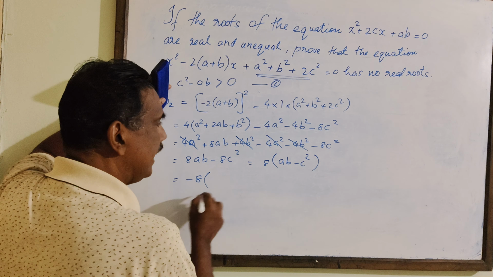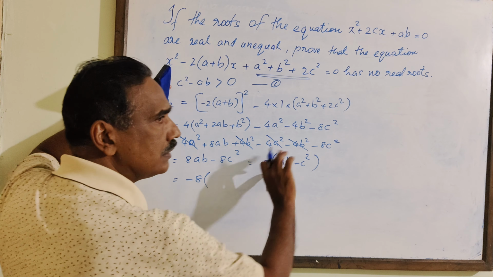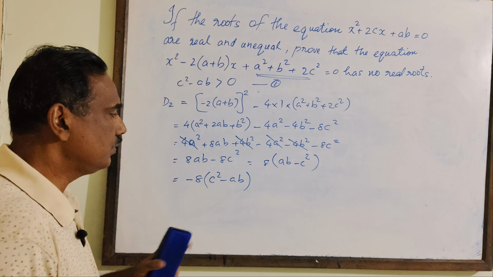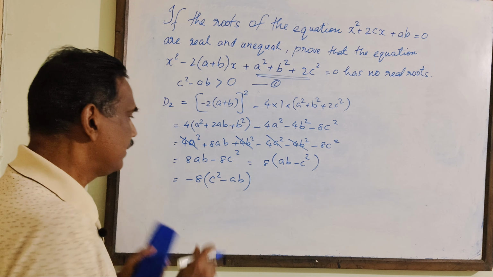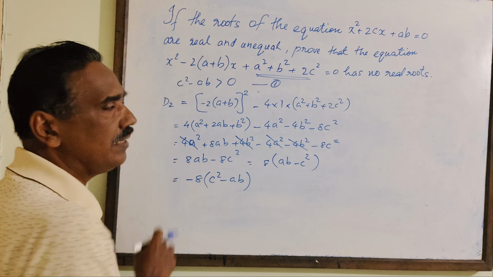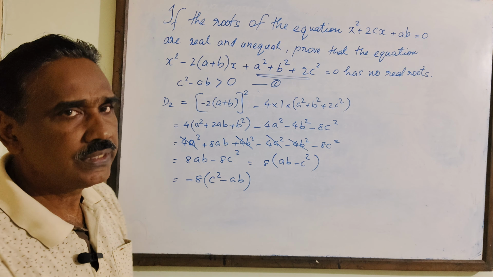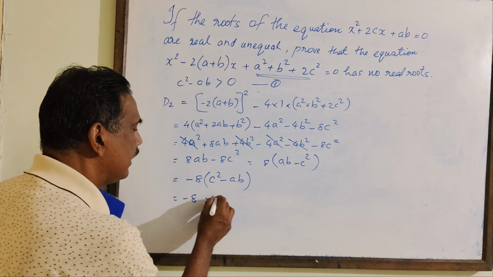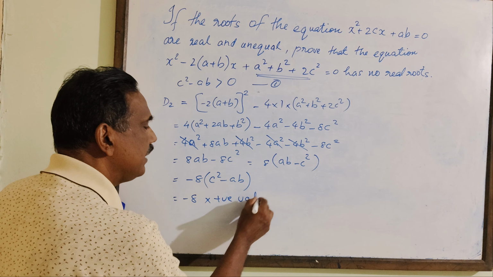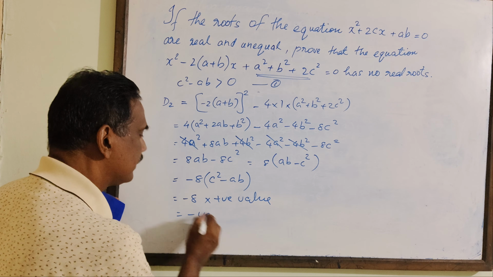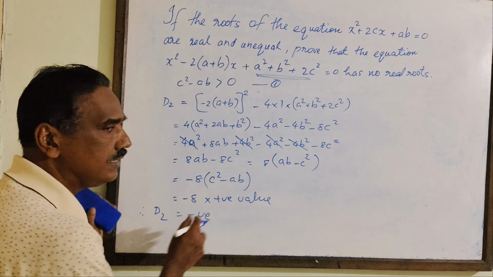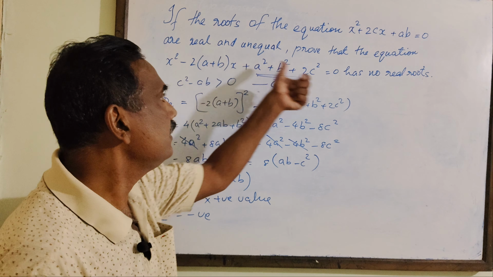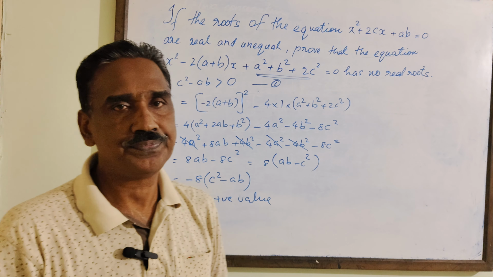So it becomes minus 8 into (c square minus ab). We already know c square minus ab is greater than 0, which means it is a positive value. So this is minus 8 into a positive value, which means this becomes negative. Therefore D2 is negative, and D2 negative means this equation has no real roots.